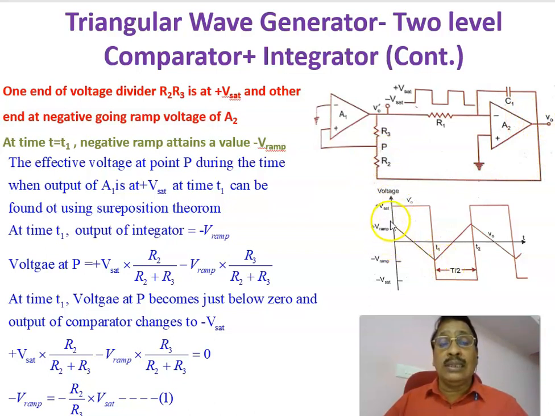This is the voltage that is coming during this period. That is not a fixed voltage. It changes from plus V ramp to minus V ramp. At the other end you will get from A2 a negative going ramp, and at this end you will get plus Vsat.